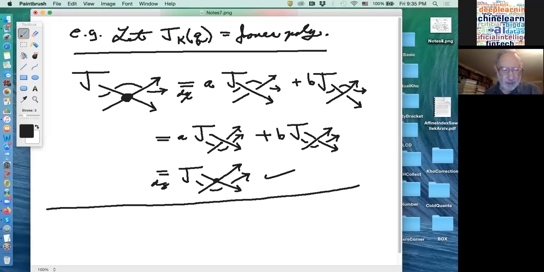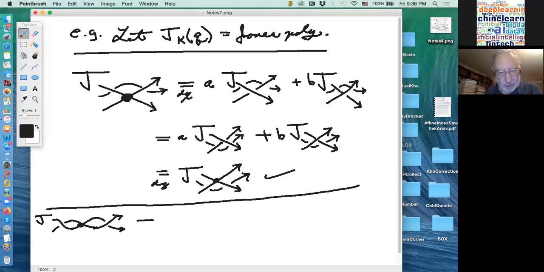Now, what about the other move, the rigid vertex move? That's important. So let's see what happens there. I have a node here, and I have a crossing here, and I have another crossing here. And we're examining j of this.